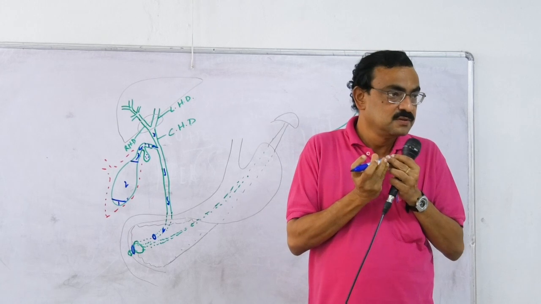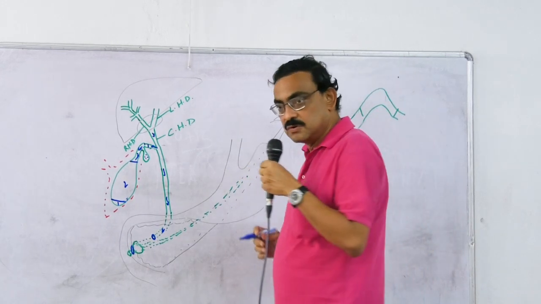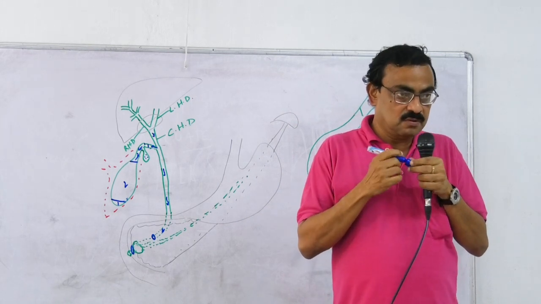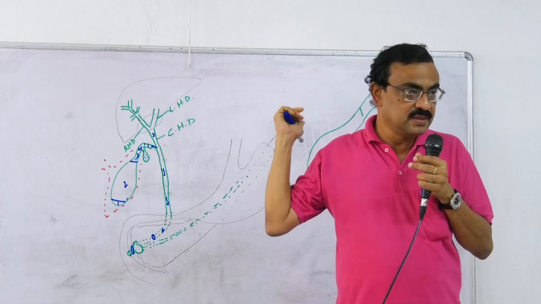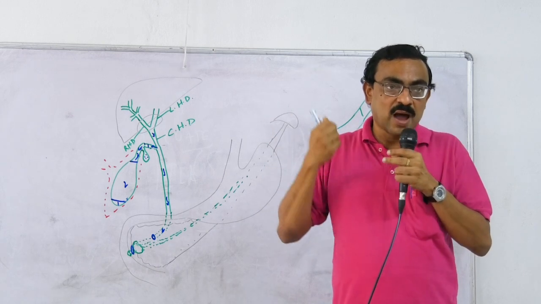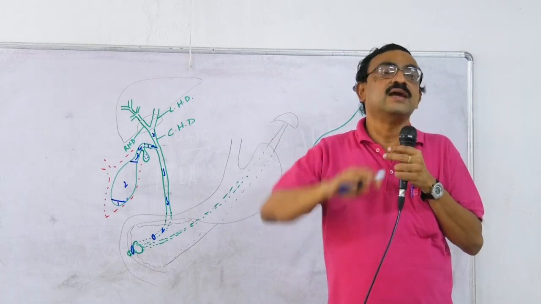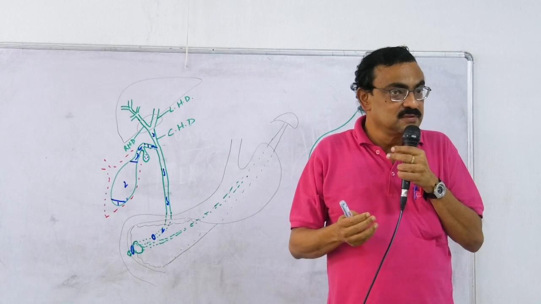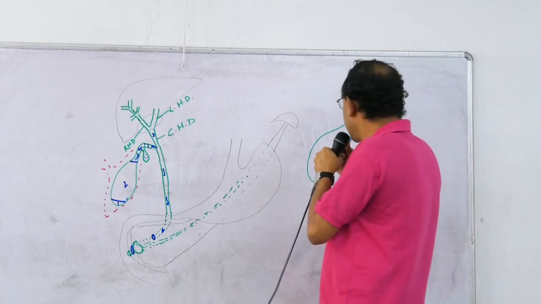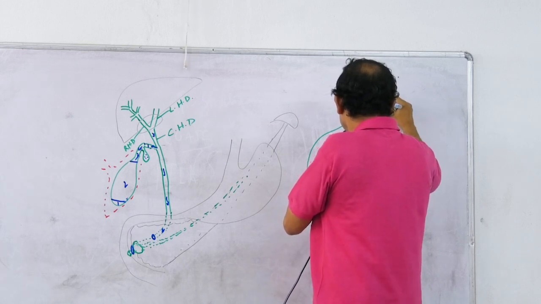We should find the mucous membrane. You know, all the hollow viscera in the abdomen, from outside inwards, we get the peritoneal layer, then we get the muscular layer, then we get the submucous layer, and most inside we will get the mucous membrane.